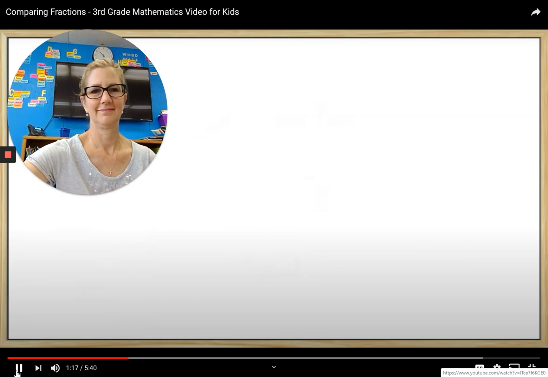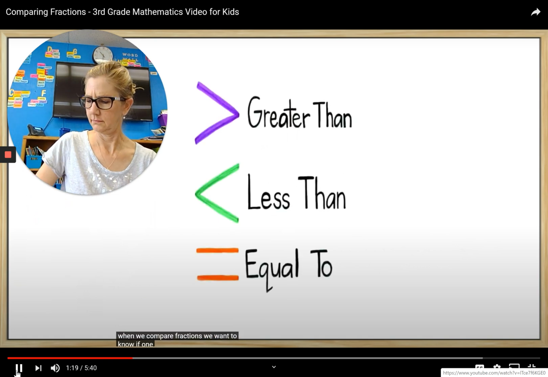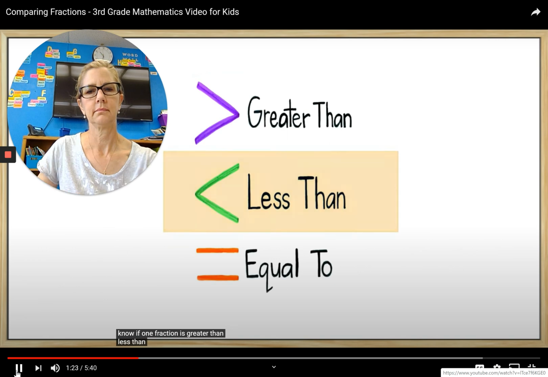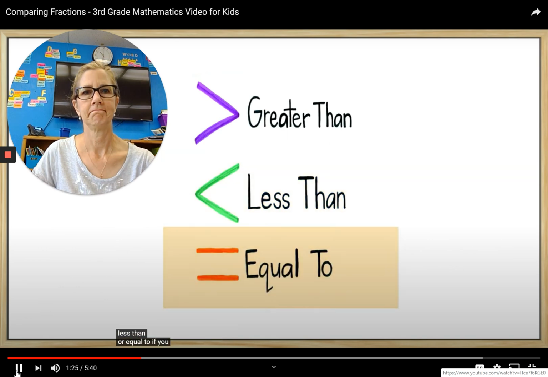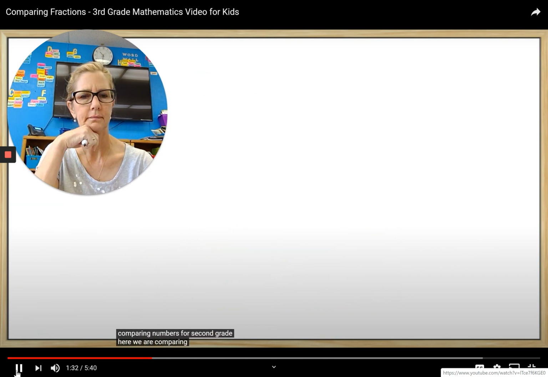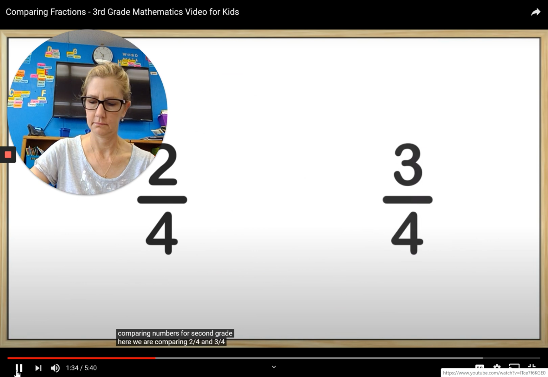When we compare fractions, we want to know if one fraction is greater than, less than, or equal to. If you still need a refresher, check out our last video on comparing numbers for 2nd grade. Here we are comparing 2/4 and 3/4. One great way we can compare them is by using models or drawings.